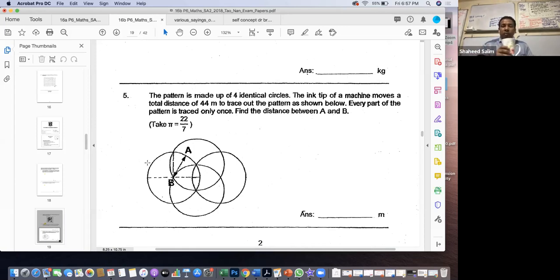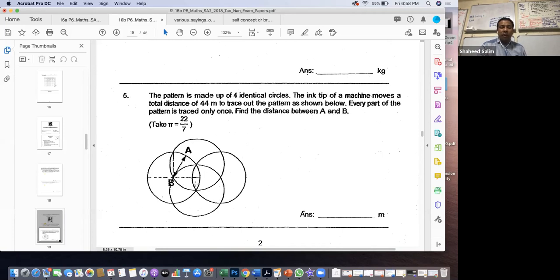Let's see. Miss Sophia, we try. The pattern is made up of 4 identical circles. The ink tip moves a total distance of 44 meters to trace the pattern like that. Means the ink starts like that. That is 1.